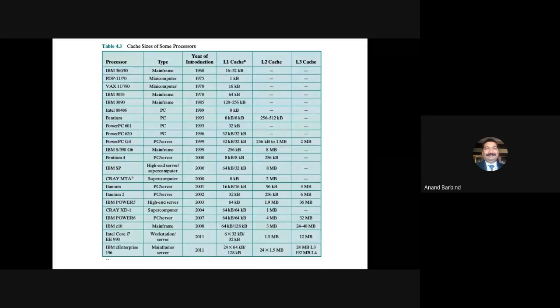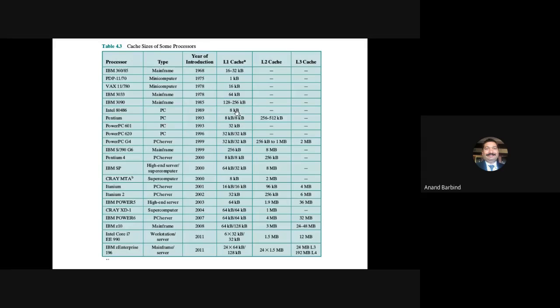Of course, this table is a little old. It is from the book of Stallings, maybe 8 to 10 years before, but you can get the idea of the use of the cache by the devices.